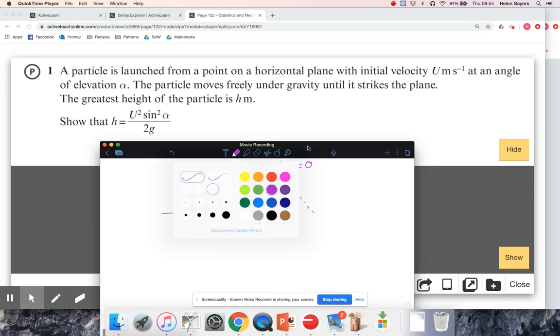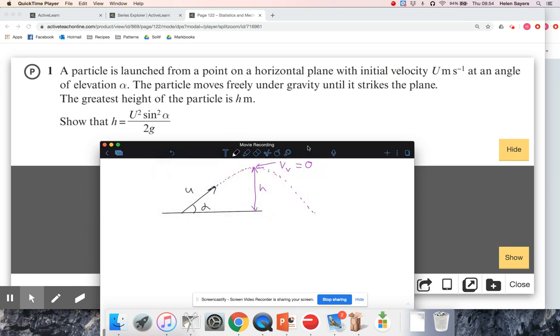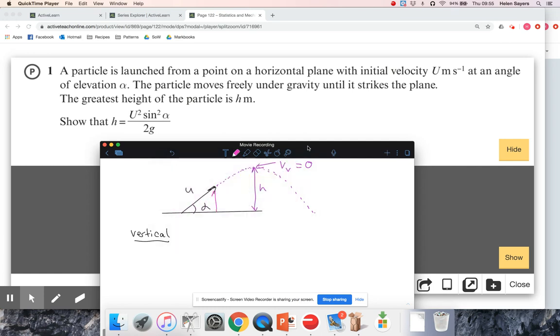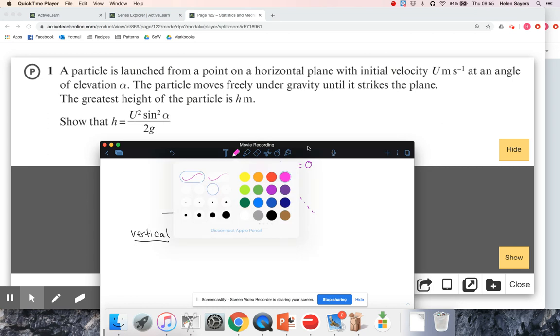Okay, so let's have a think about how we can use that. For this question, I actually only need to consider the vertical motion, so that's quite nice. So vertically, the initial velocity, let's label that up here. You did a lot of practice of this in exercise 6B.